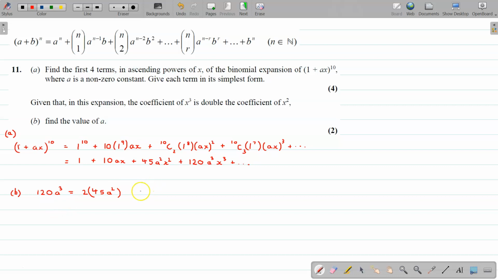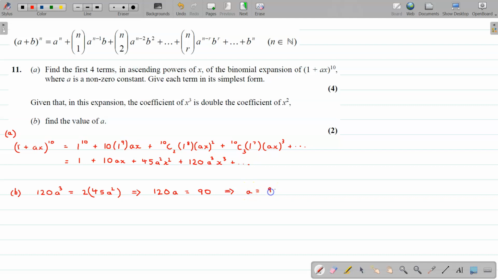So basically 120. Now I'm going to divide by a squared as well. So 120a equals 90. But I've divided both sides by a squared. And therefore A is 90 over 120, which is 3/4.